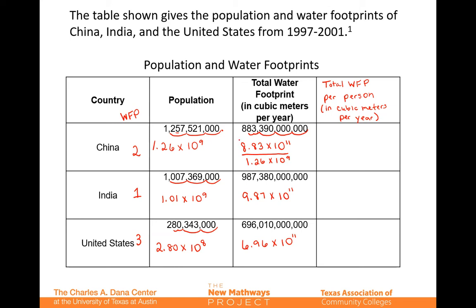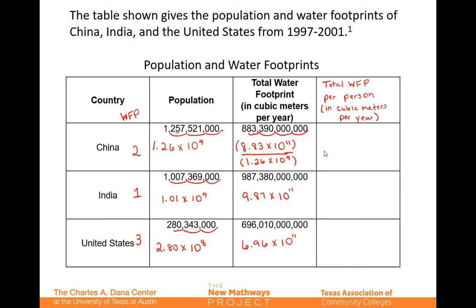I want you to be sure when you're dividing that you either set it up so that you have a division bar, or you can use parentheses to make sure. If you don't, you're possibly going to get a wrong answer. Highly, highly recommend parentheses. So 8.83 times 10 to the 11th. I also hope that you've got your calculator out and that you're going to work through this with me.